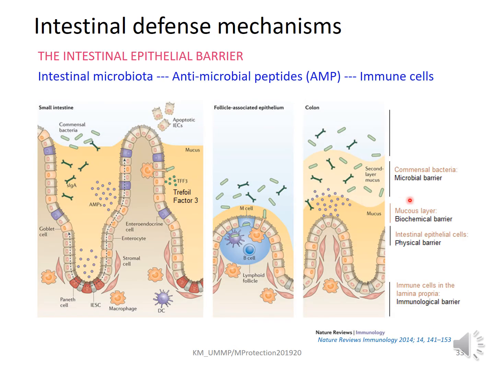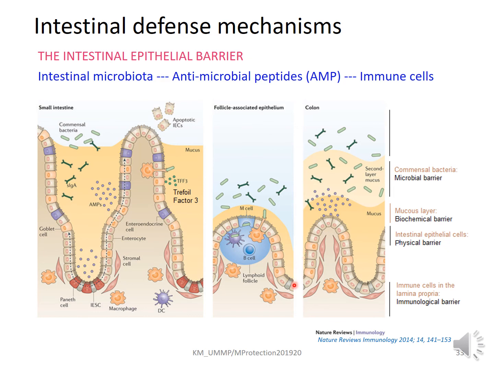As usual, we have three defense layers here. Pre-epithelial mucus layer: the outer layer is the layer where the commensal bacteria can be trapped, and the inner mucus layer acts as the biochemical barrier. The intestinal cell itself acts as a physical barrier.